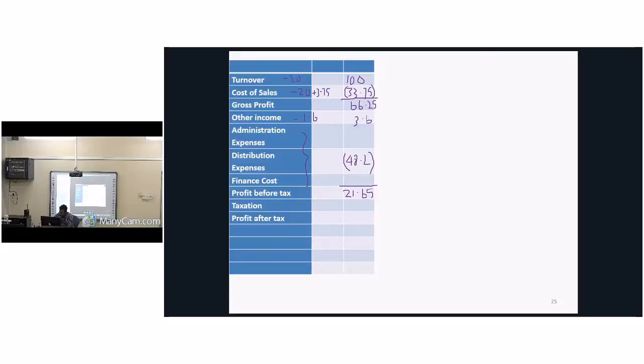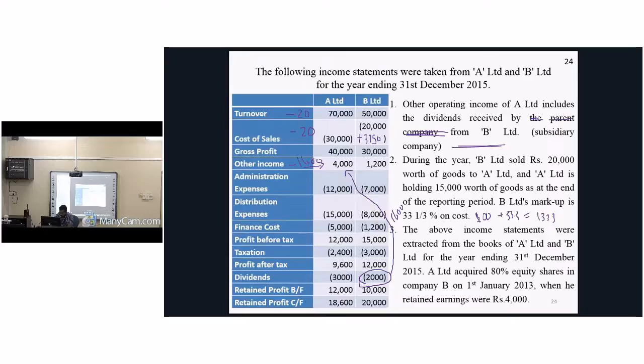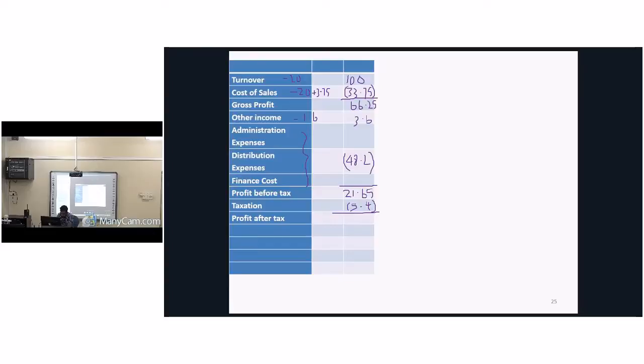Taxation is 5.4, no change. Then profit after tax will be 16.25.